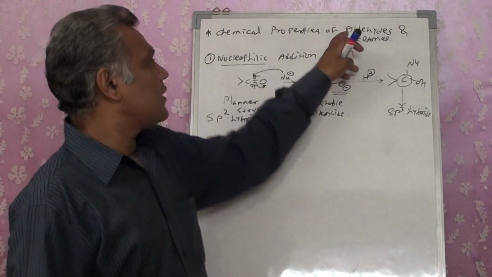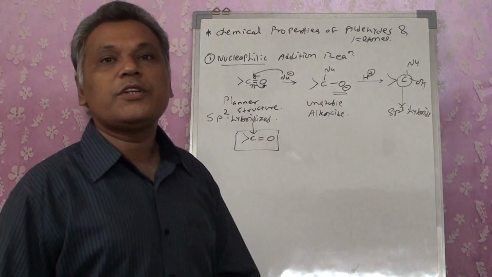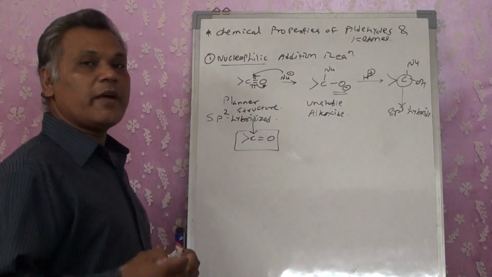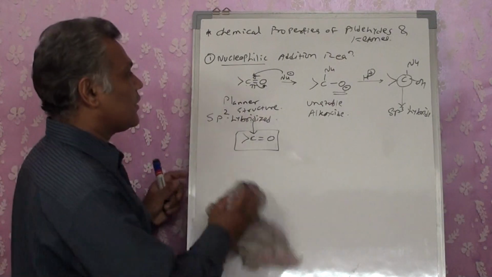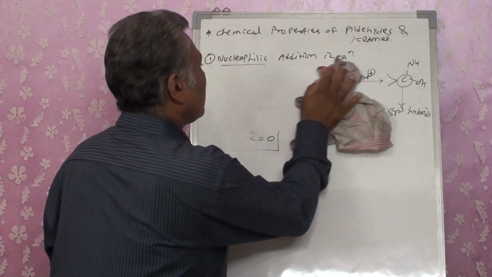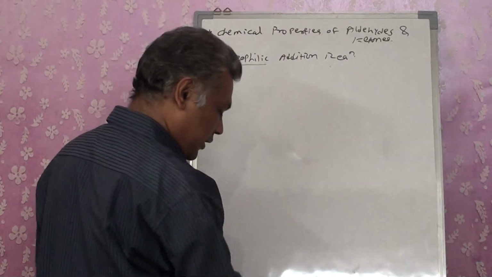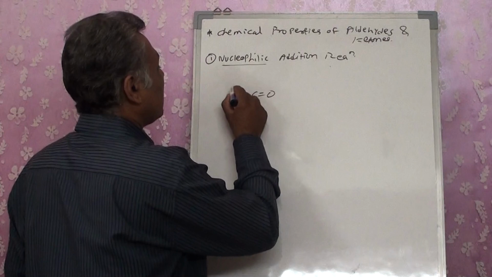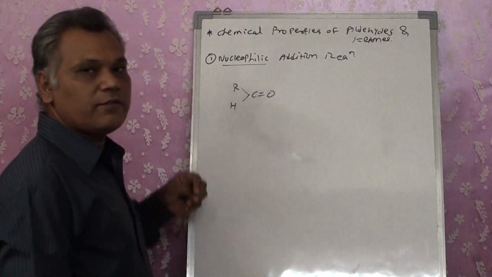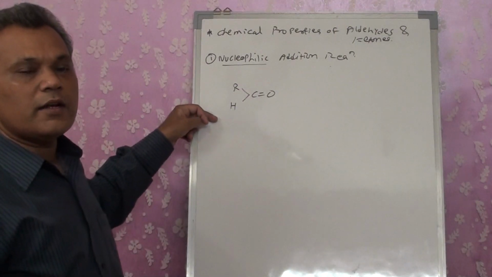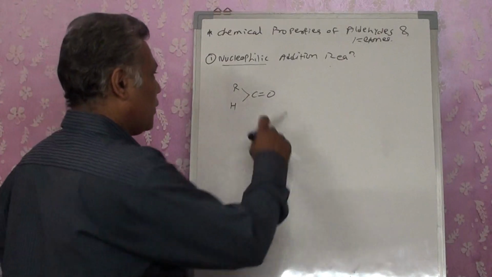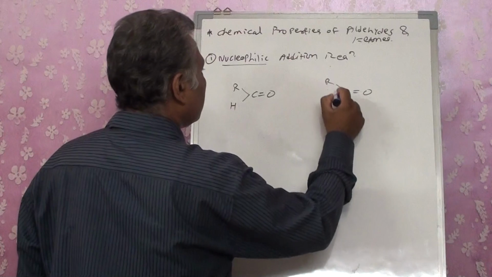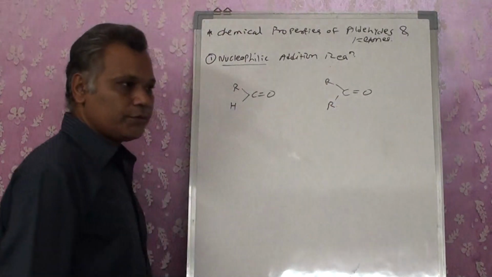Now we want to understand, besides the mechanism, if I have aldehydes and ketones, which one is going to react faster? Then we will come across the different nucleophiles that go into the reaction. In an aldehyde, we have one alkyl or aryl group and another hydrogen. In a ketone, we have two alkyl groups.